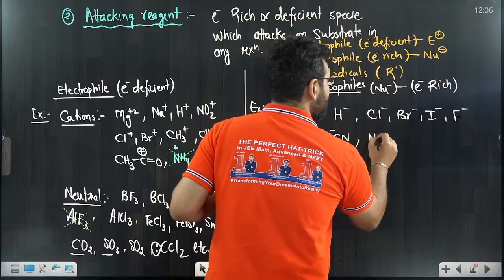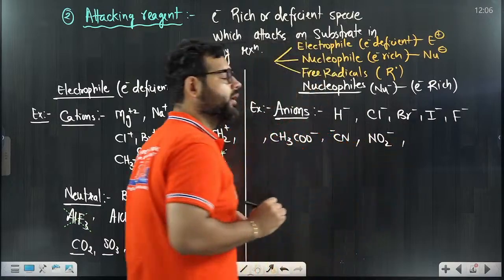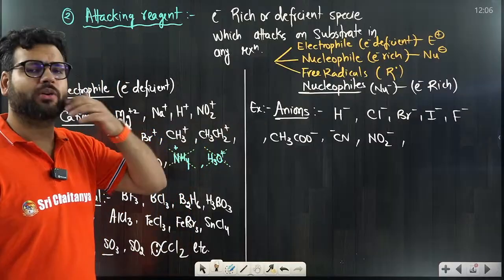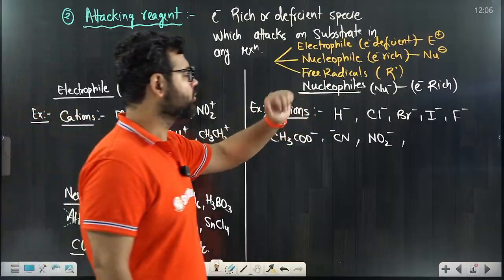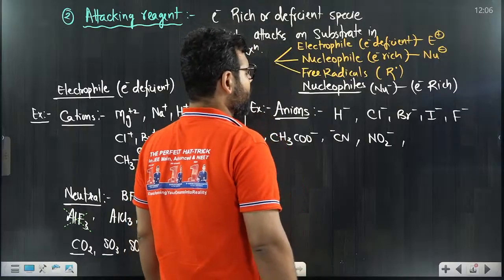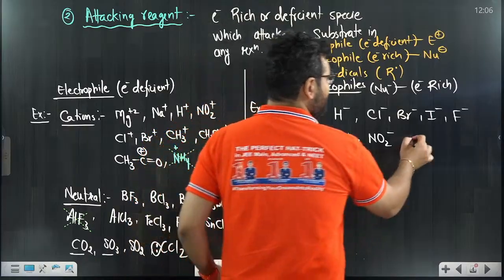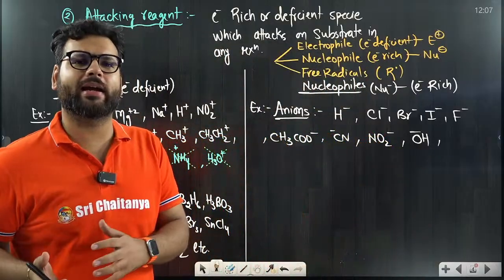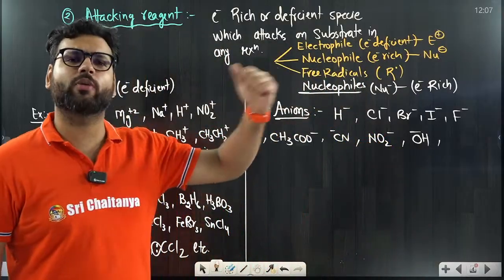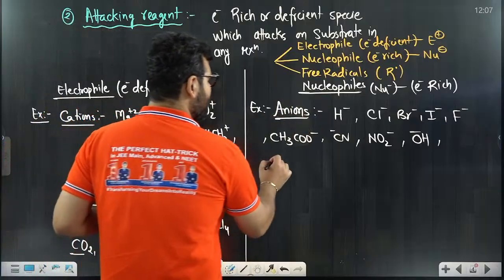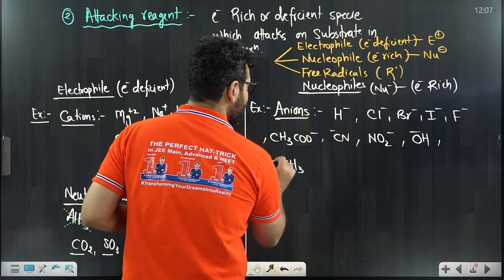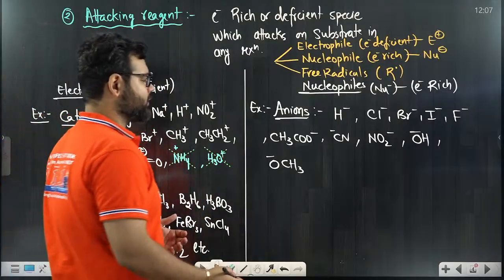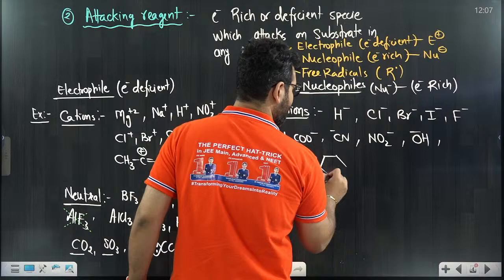NO2 minus, whenever you want to convert your alkyl halides to nitro compounds, you use AgNO2, KNO2, NO2 negative. These are the most common examples. OH minus, if you want to convert any alkyl halide to alcohol, you use aqueous KOH. Then you do Williamson ether synthesis where you use alkoxide, RO minus. You can take phenoxide, C6H5O minus.